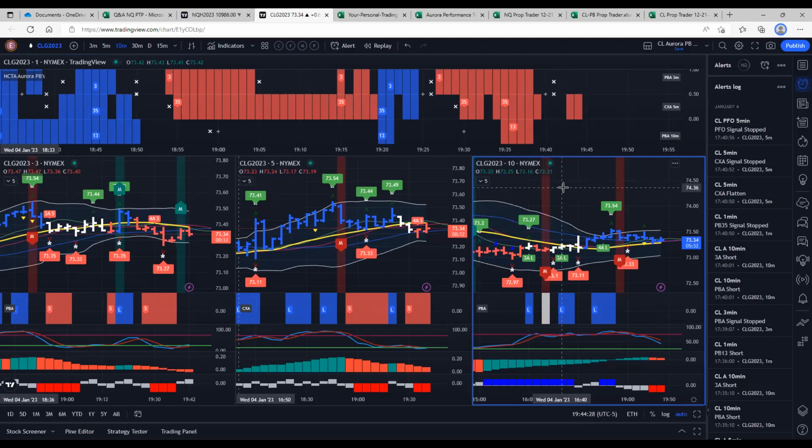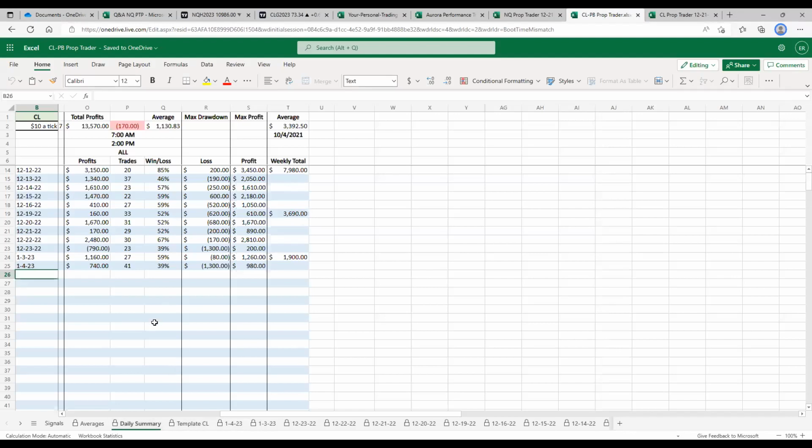We've only been doing this, let me see, since the middle of December is when we started to really track PBs on oil. And we've seen some pretty strong results so far from what we've been tracking, especially during a little bit more choppy periods here. So that's what we started.